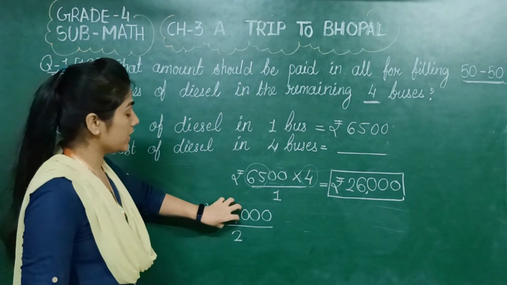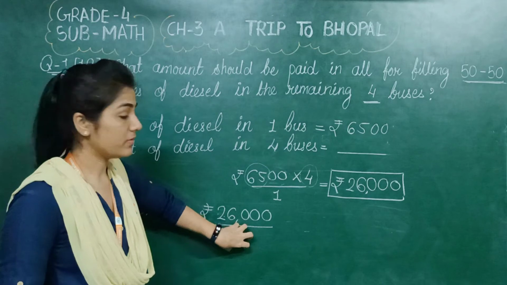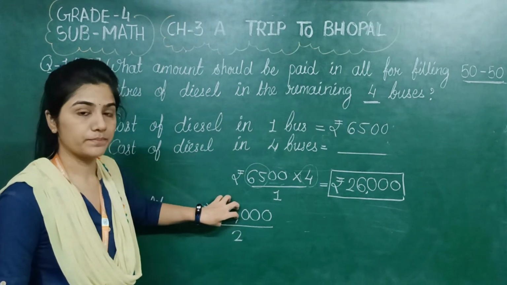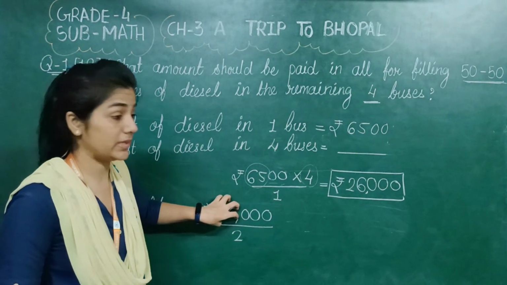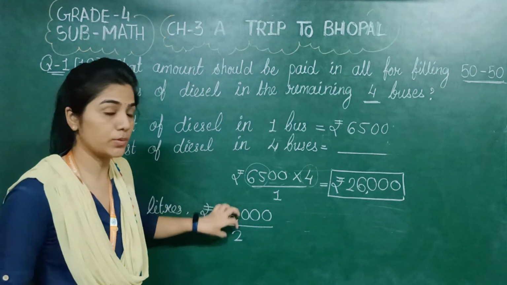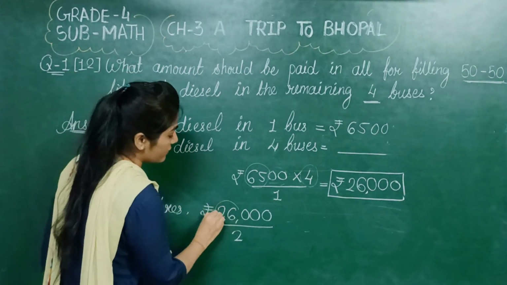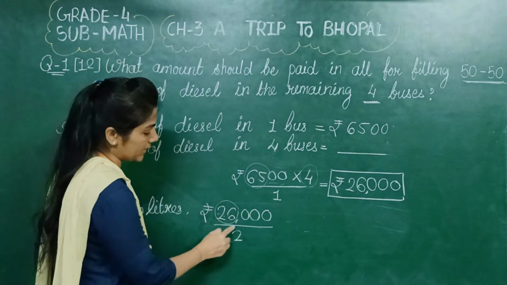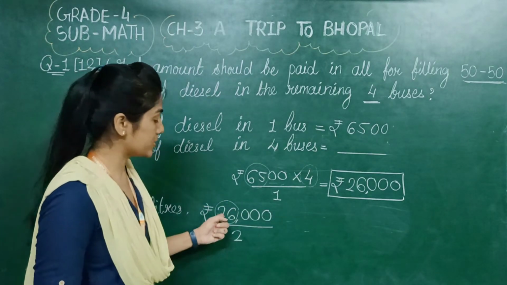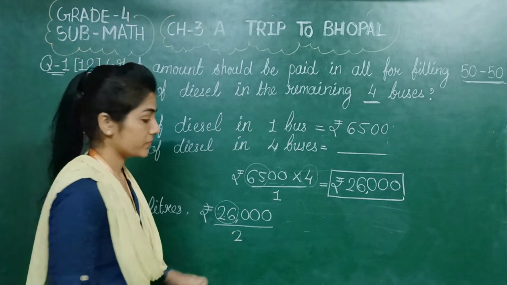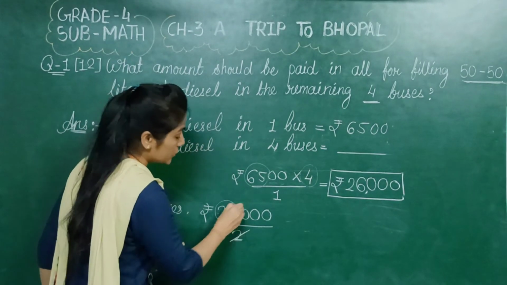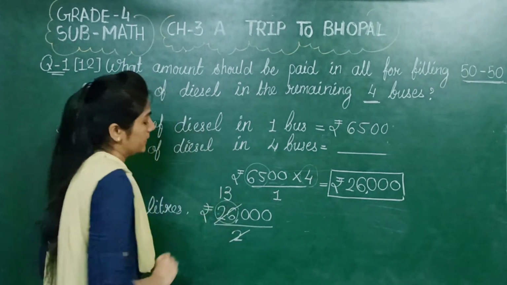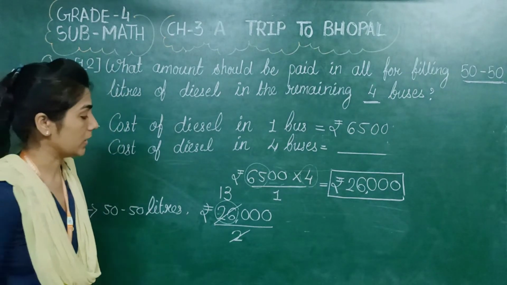In the table of 2, when this 26 is coming, you have to remember the table, or else you can do division also, but there is a short trick. First of all, forget the zeros, focus on this 26 and 2. When 26 is coming with 2, 13 2s are 26.